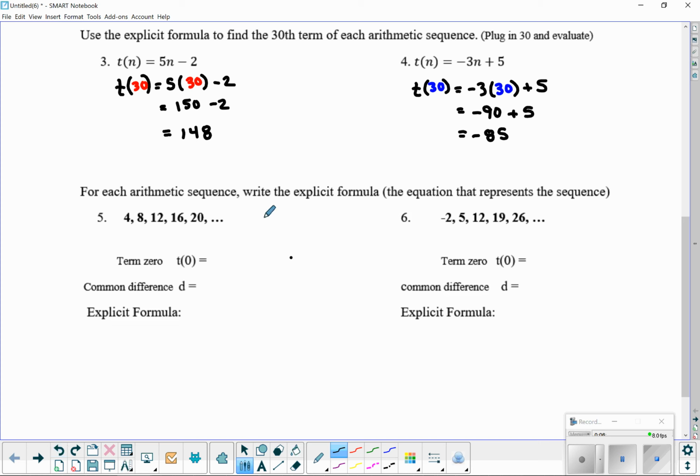You want to start off as T of n equals, and then your initial term, or your beginning, your 0th term, plus your number times n. And this is what we call your common difference.